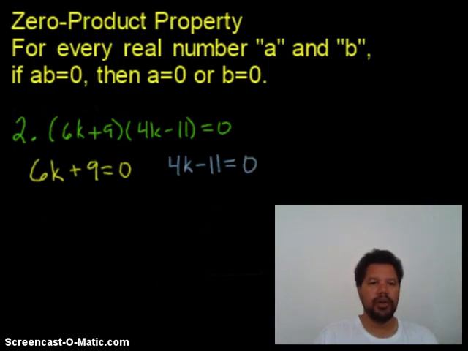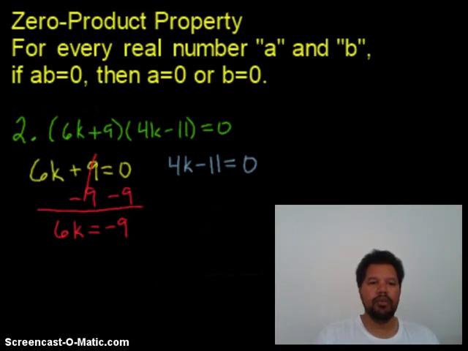So let's solve for k in this first one, 6k plus 9. We're going to use the properties of equality here, or inverse operations, meaning I subtract 9 from both sides. Whatever I do to one side, I do to the other. And here I'm canceling the constant, giving me 6k equals negative 9.